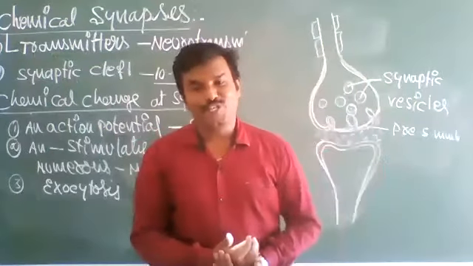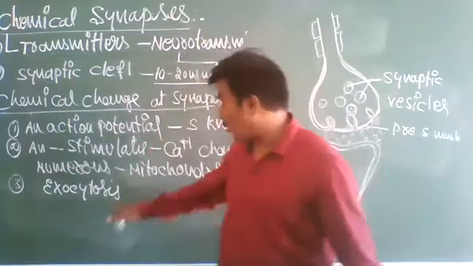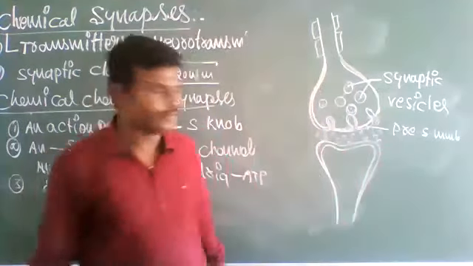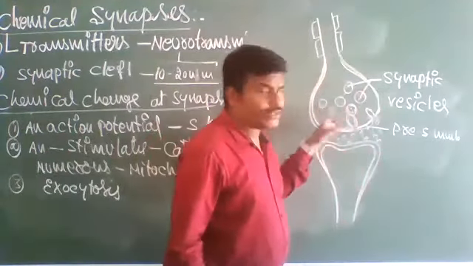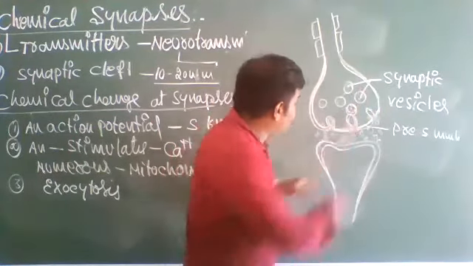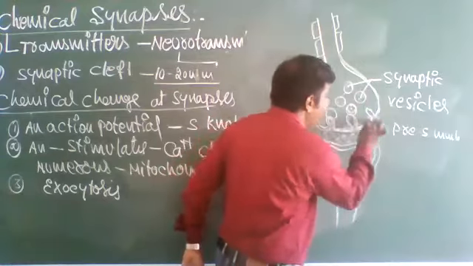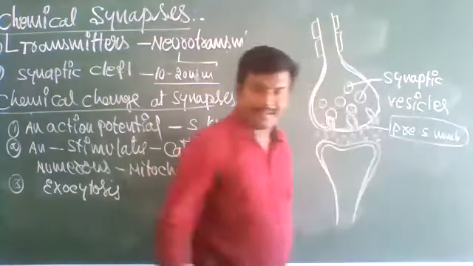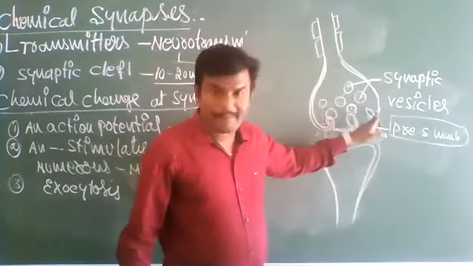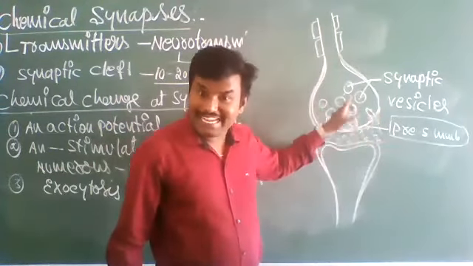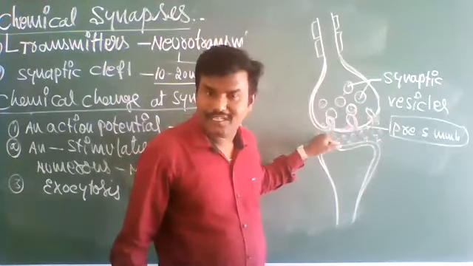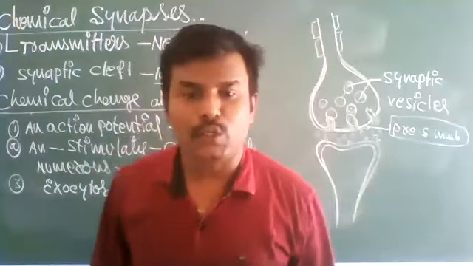Bulk release of neurotransmitters is called exocytosis. So calcium ions allow the movement of synaptic vesicles, which fuse with the presynaptic membrane. As the vesicles fuse, the membranes rupture and release neurotransmitters into the synaptic cleft by exocytosis.